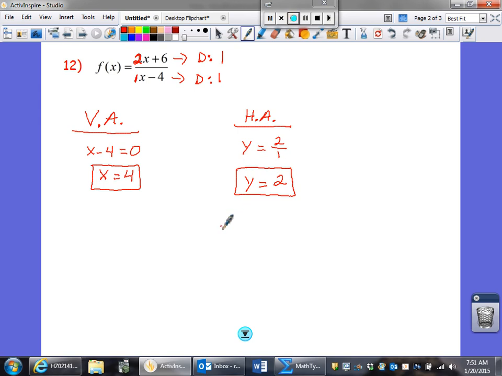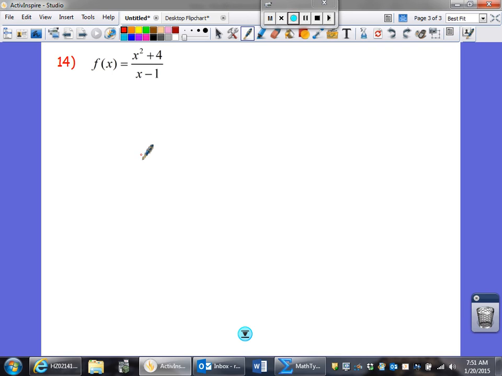And that completes number 12. Now, we're going to go to number 14. Again, we've got a vertical asymptote, because we have an x in the denominator. When I set x minus 1 equal to 0, the vertical asymptote turns out to be x equals 1.